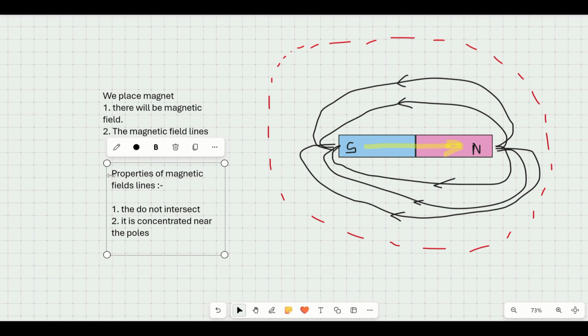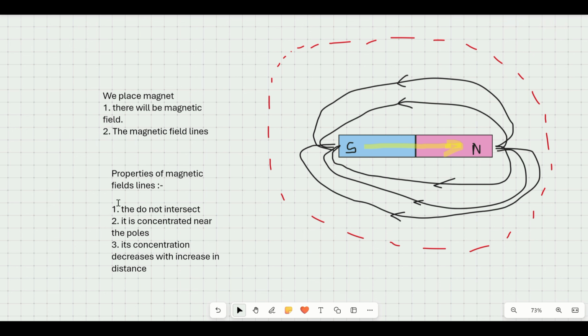Third is that its concentration decreases with increase in distance. Also there are many other points, but those are not coming to my mind for now. So let's go with only these three points.